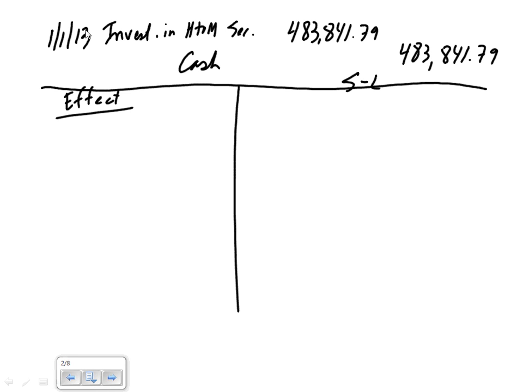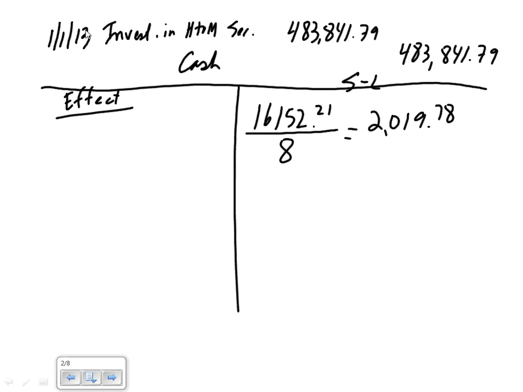What we're going to do is take the discount, $16,158.21, divided by 8 periods. We're going to amortize $2,019.78 each period.